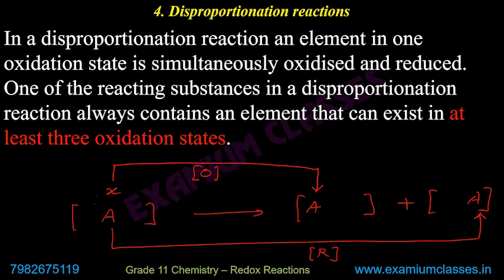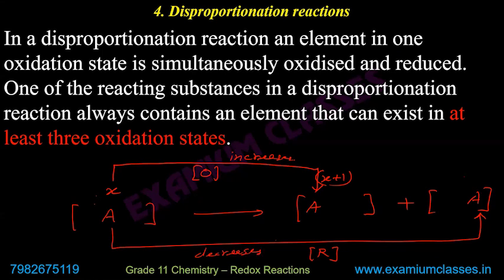It means the oxidation state of this one should be greater than x, because here oxidation is taking place and the oxidation state increases, say x plus 1. It can't be x, it will be greater than x. And in the other case where reduction is taking place, the oxidation state decreases.